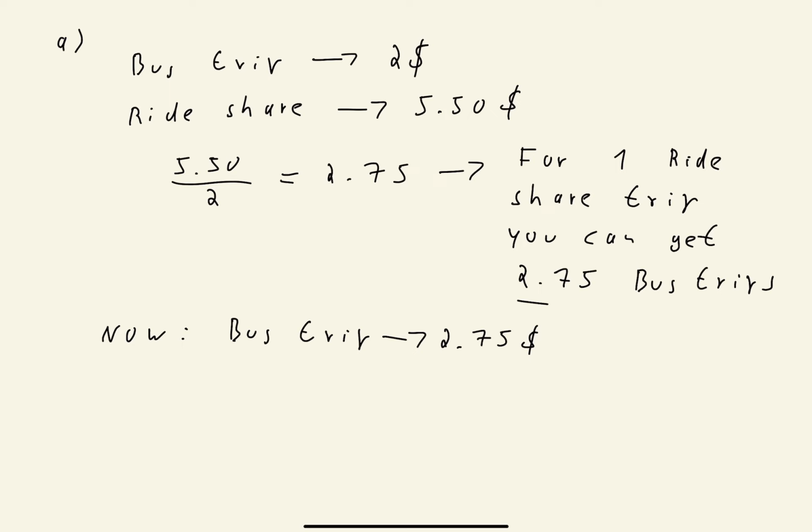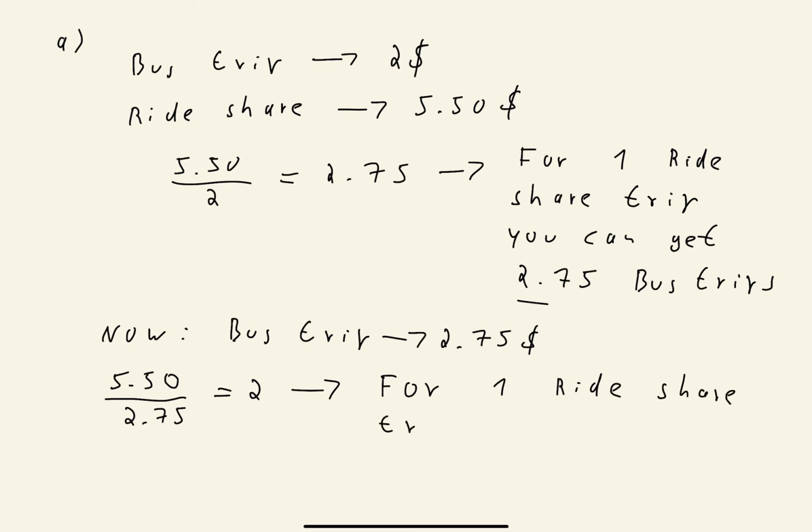Now the relative price is 5.50, since the price of a rideshare is still the same, divided by 2.75, and this is equal to 2. Therefore, for one rideshare trip, you can get 2 bus trips.